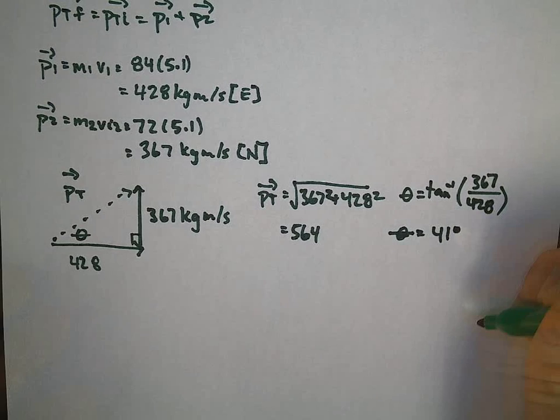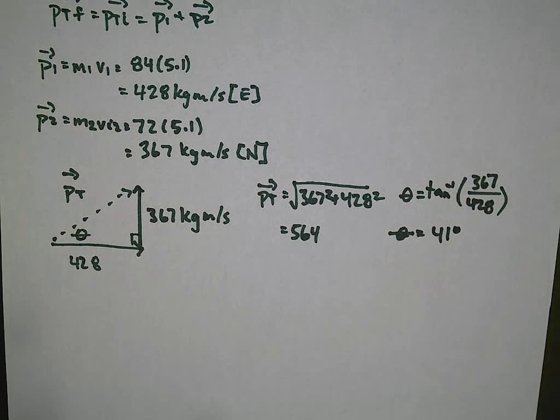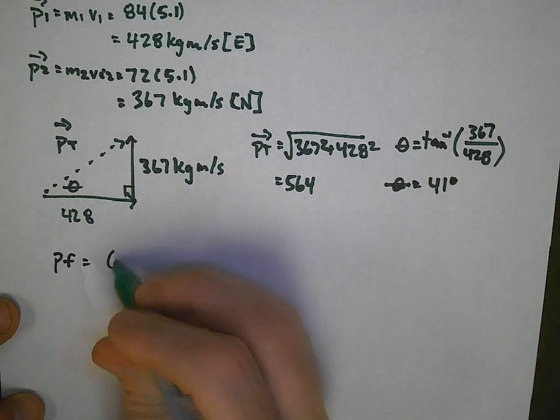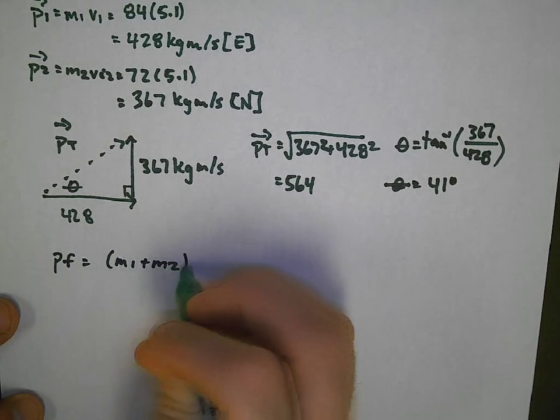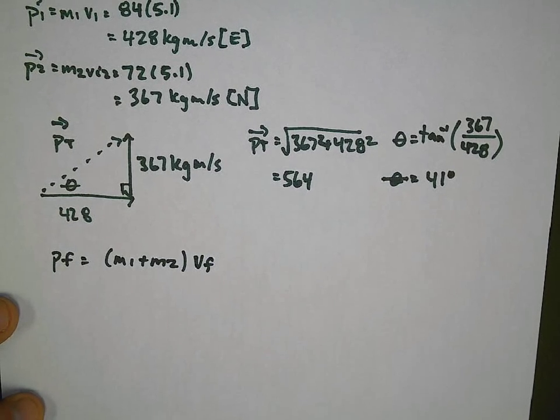Theta would be 41 degrees. And because these two stick together, this is a perfectly inelastic collision. So, Pf, our final momentum, is equal to m1 plus m2 multiplied by Vf. And that's going to be the final velocities of our skiers.